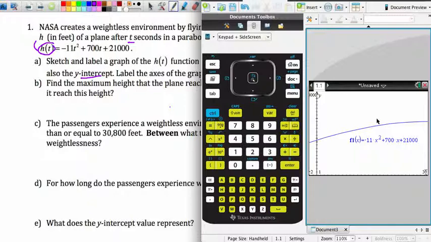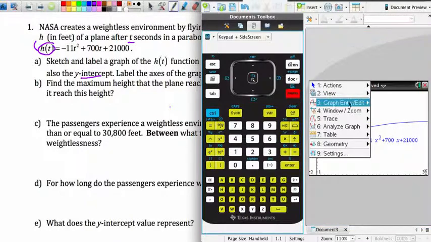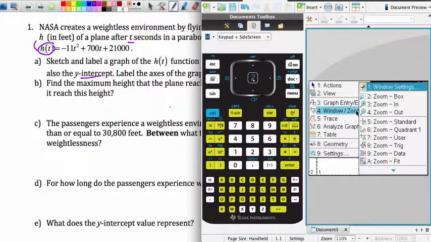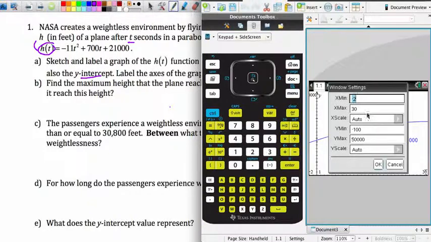So I click OK. Now I have an idea of what my graph looks like, but I can't see it completely in a parabolic shape. And so what I want to do is go back into the window a second time. And this time what I'm going to do is increase the x. I'm going to move that to 100. My y max does appear to be high enough.